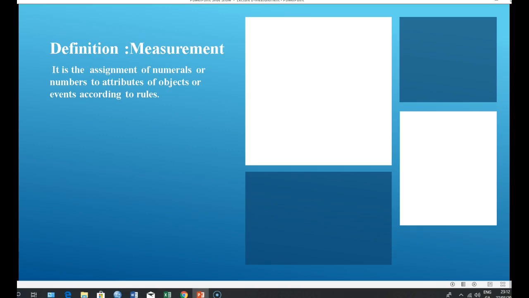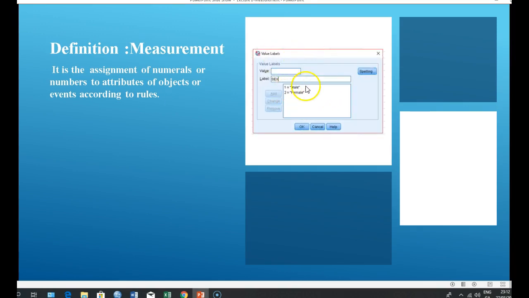A simple example we did in our last lecture is when we assigned a 1 to males and then a 2 to females when we were looking at the variable sex. So this is a simple rule which we used in our last example. And again we had the variable age. In this case, we were looking at age in years.